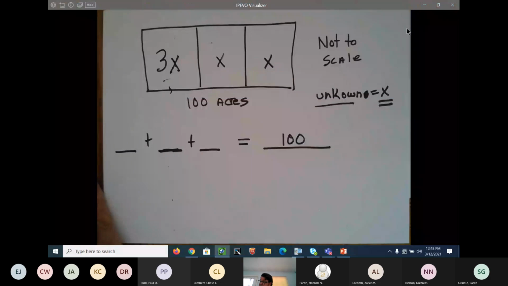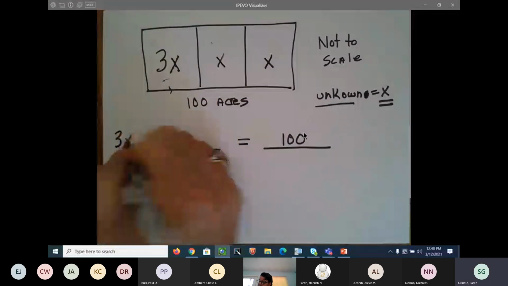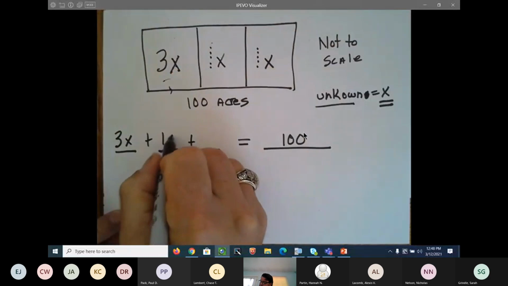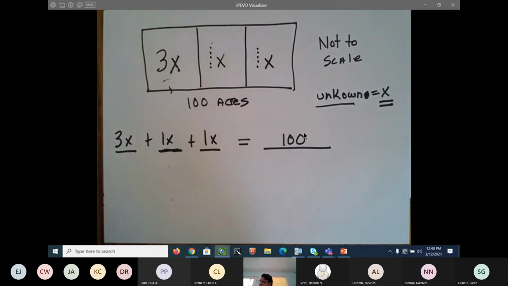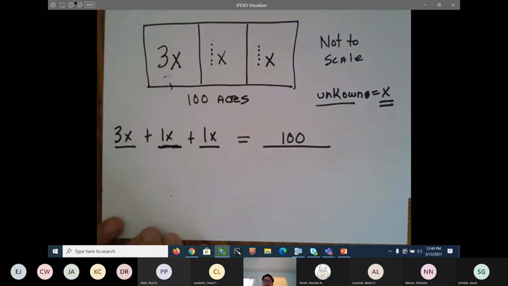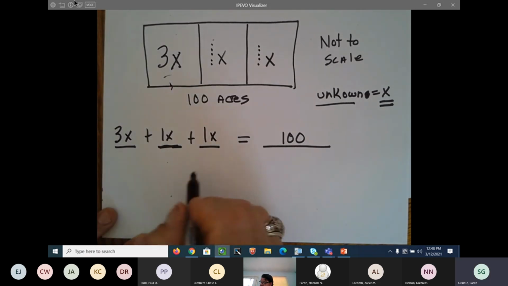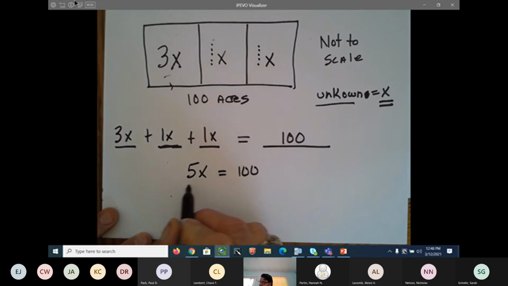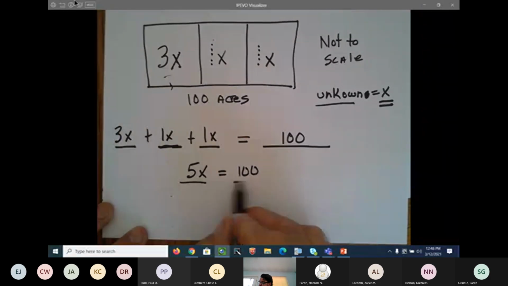But anyway, 3X. And what are in front of these? 1X, 1X. And what do we do? What's 3X plus 1X plus 1X? 5X. And how do you undo multiplying by 5?